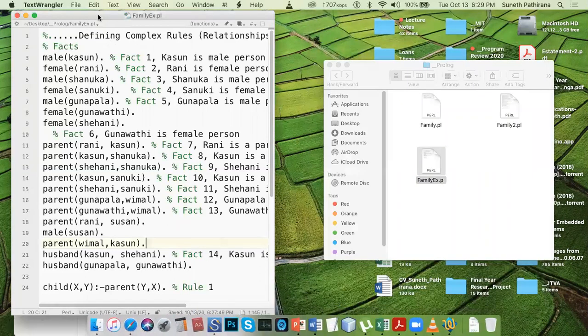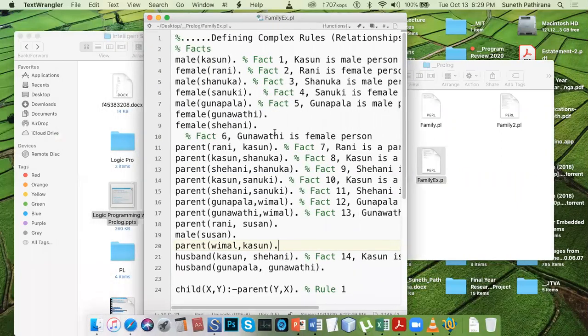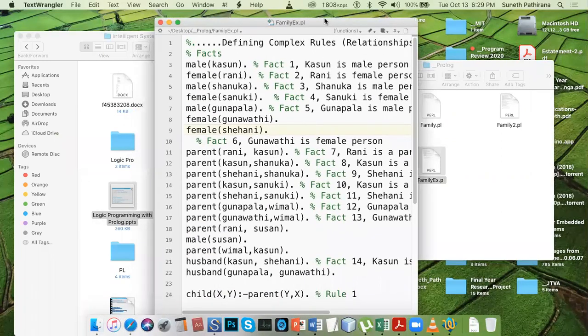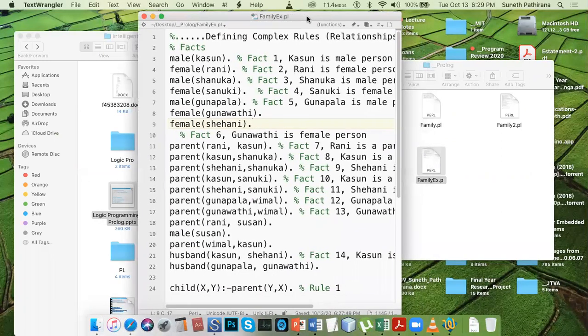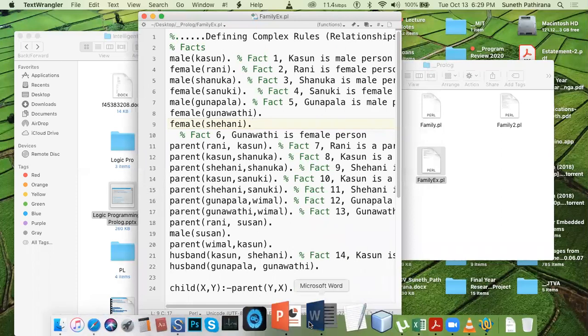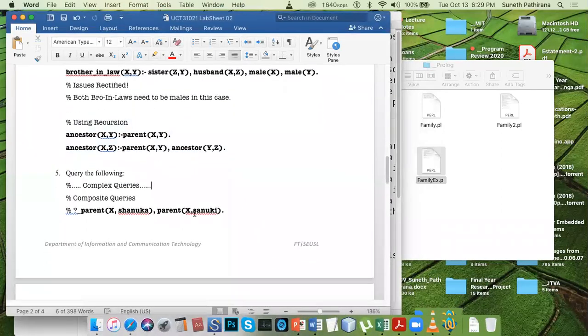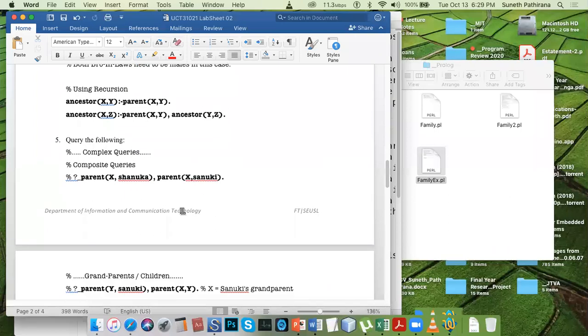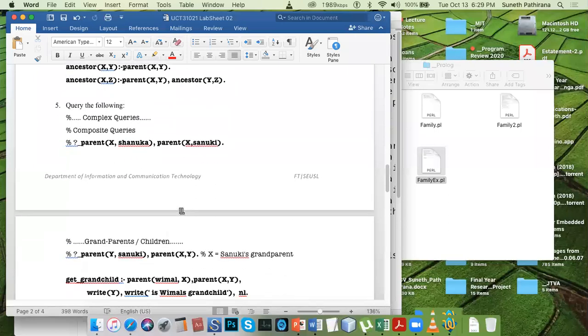So I think we have done enough family tree examples. Okay, we have done in-laws, complicated relationships, and recursion. Now what? Okay, now we can do complex queries.